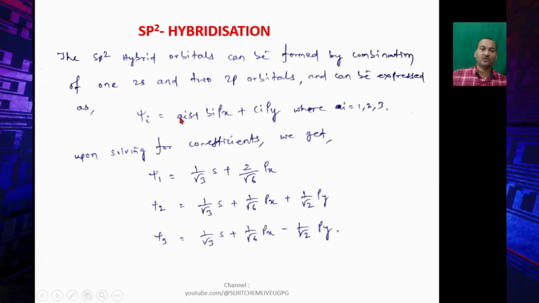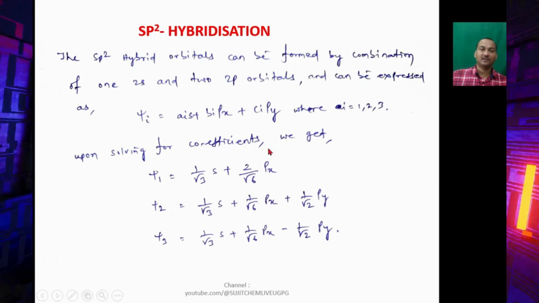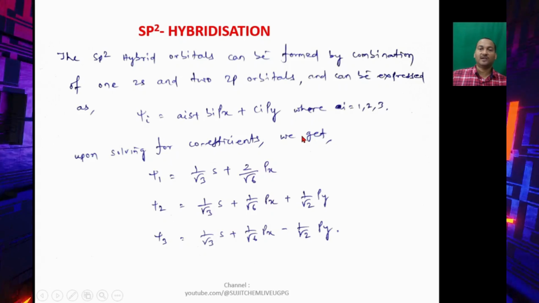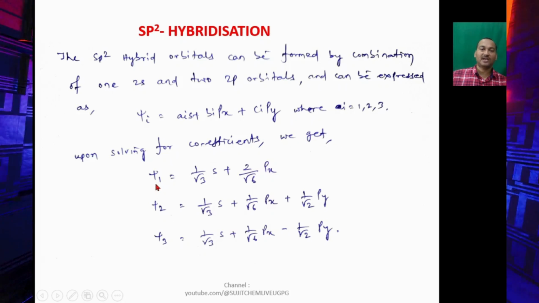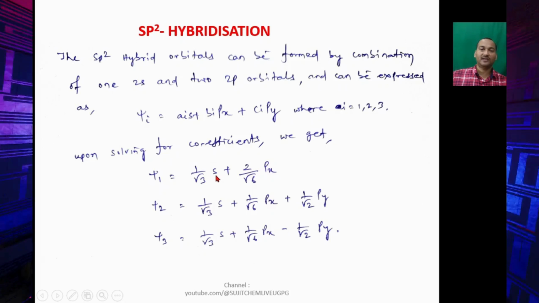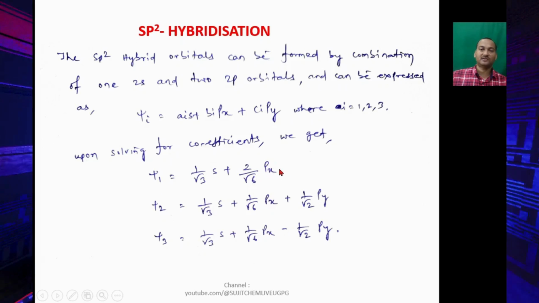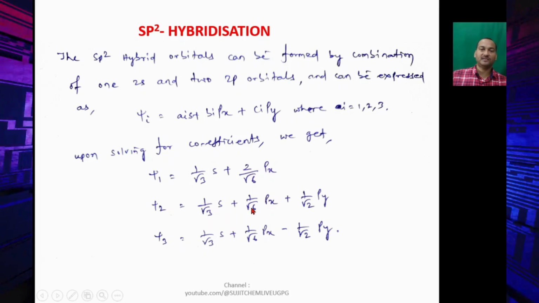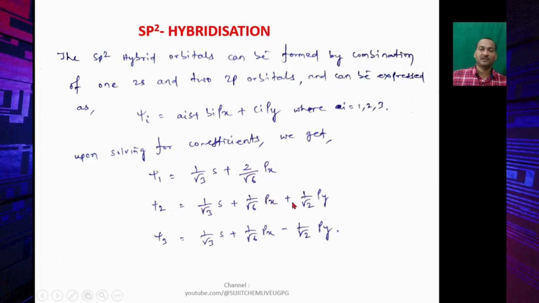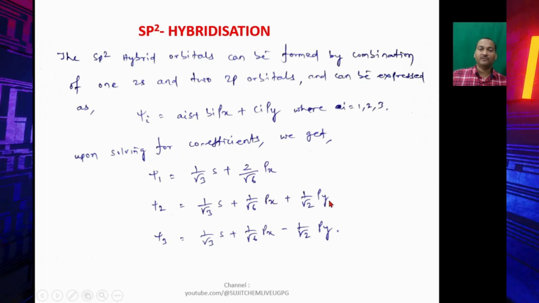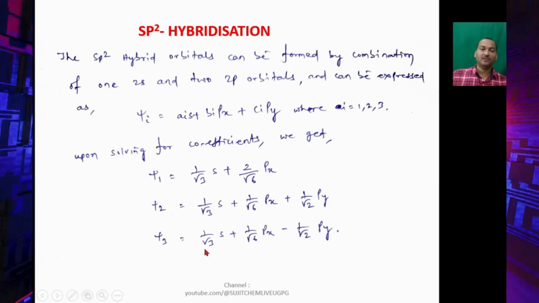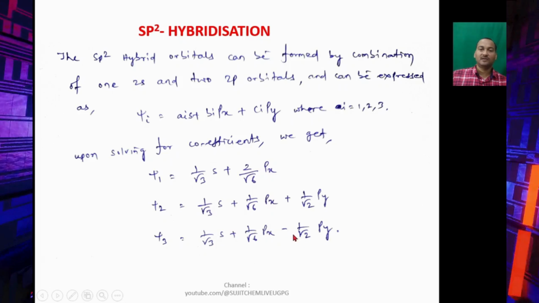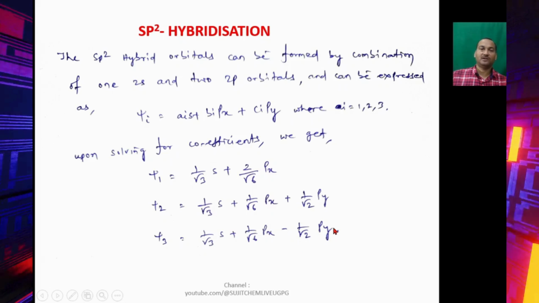So if you solve the coefficients ai, bi and ci by applying the orthogonality condition and normalization condition, we get psi 1 equals 1 by root 3 s plus 2 upon root 6 px, and psi 2 will be equal to 1 by root 3 s plus 1 by root 6 px plus 1 by root 2 py, and psi 3 will be equal to 1 by root 3 s plus 1 by root 6 px minus 1 by root 2 py.